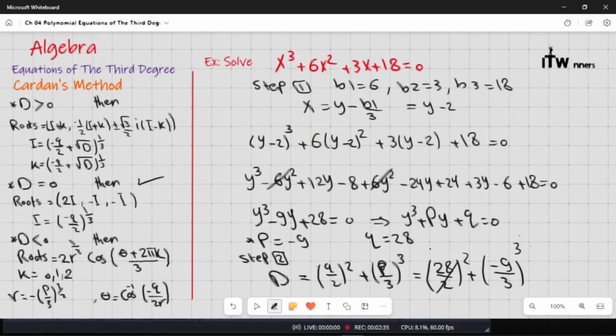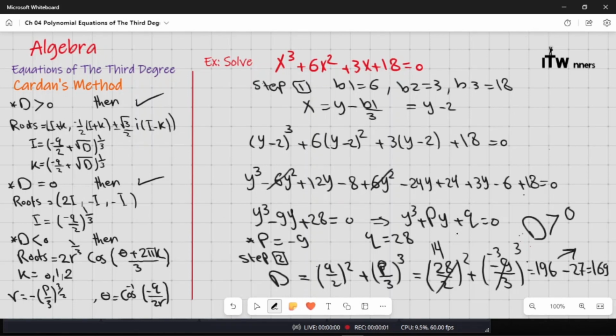This equal to 14 squared, and this equal to negative 3 cubed. So we have here 196 minus 27 equal to 169, and here we obtain that d greater than 0, so we will move to the first case of the characteristic.